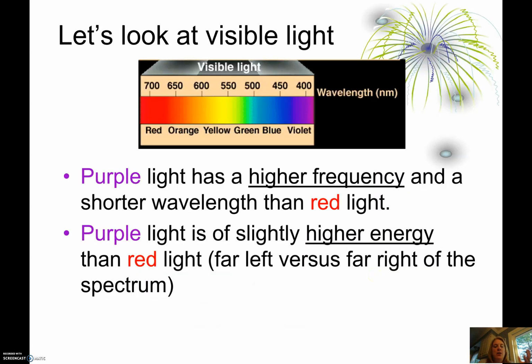Just looking within visible light, the stuff that our eyes can detect, here's the visible light spectrum, ROY G. BIV. The BIV part has the shorter wavelengths and the higher frequencies, where red is the longer wavelengths and the low frequencies. That means our violet light up here has a much higher energy than the red light down here.